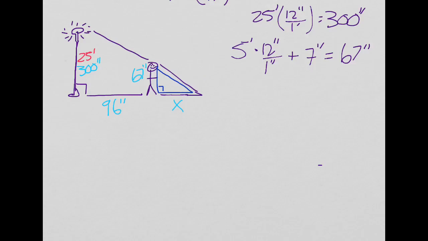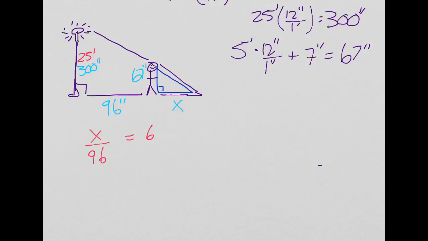Okay, so we need to be careful. We can't just say x over 96 equals 67 over 300, because that would be comparing the bottom leg of this triangle to just a portion of the bottom leg of that triangle.